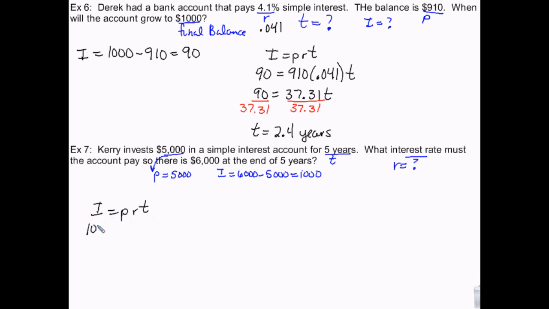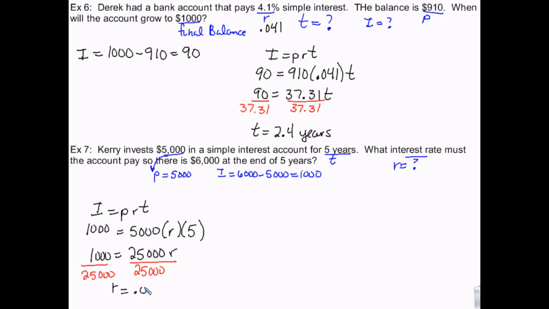So 1,000 is equal to 5,000 times R times T. So 1,000 is equal to 25,000 R. Divide both sides by 25,000. And R is 0.04, which is 4%.